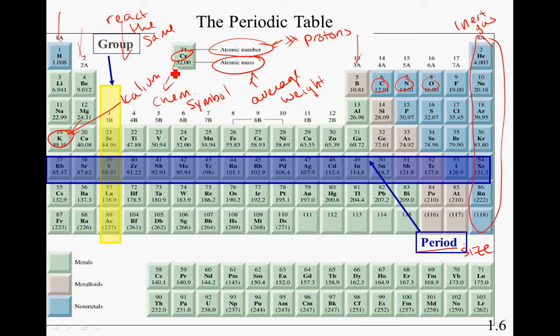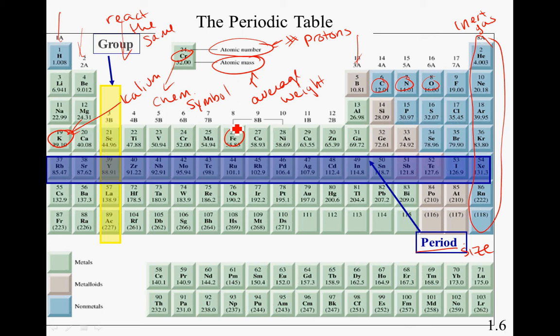So potassium is English, kalium is Latin. Another one would be iron, which is Fe. Even though it's written I-R-O-N, its Latin derivative is ferrous.